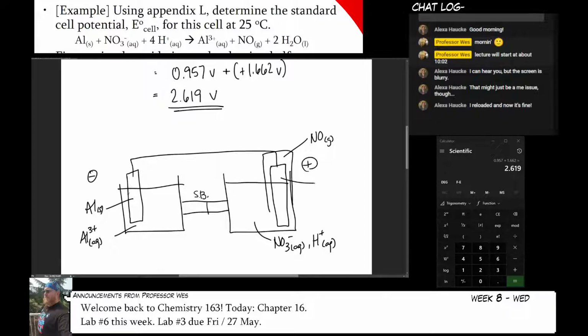And then our electrode, since none of these are metals, would have to be an inert solid, so platinum. And so then if we did this, our voltage would go in this direction. And the voltage would be this number.